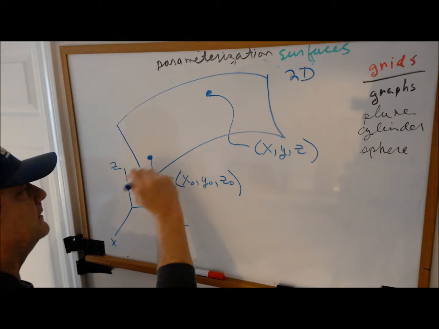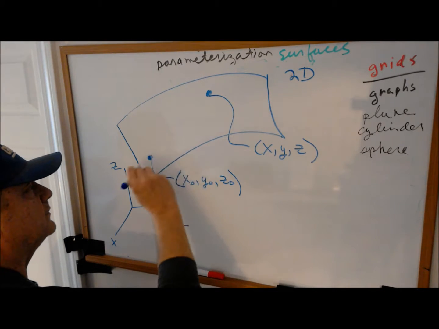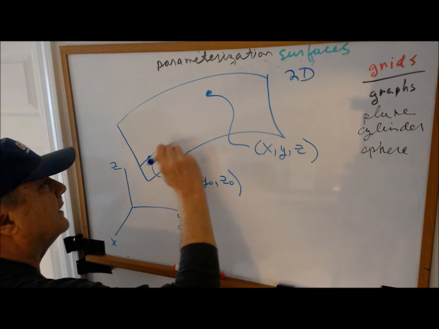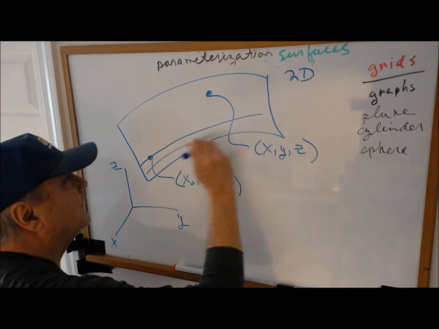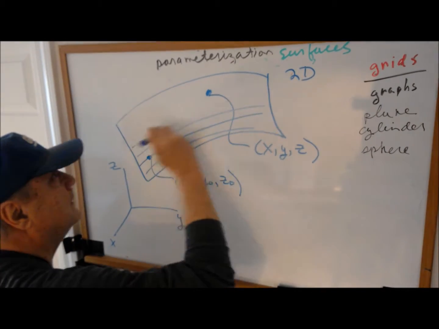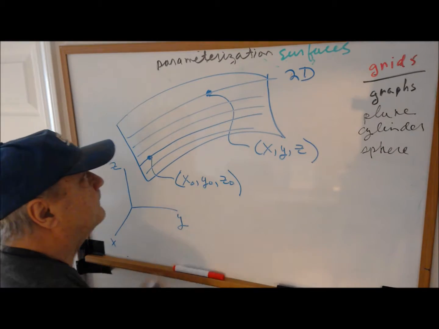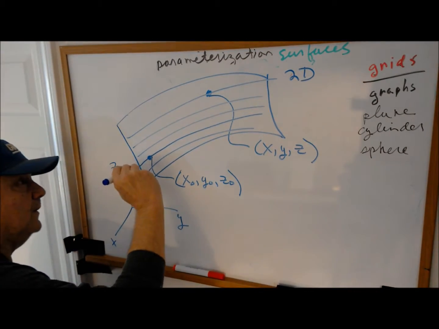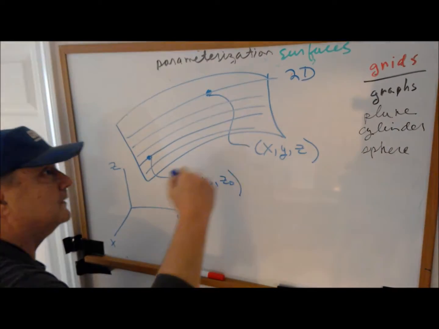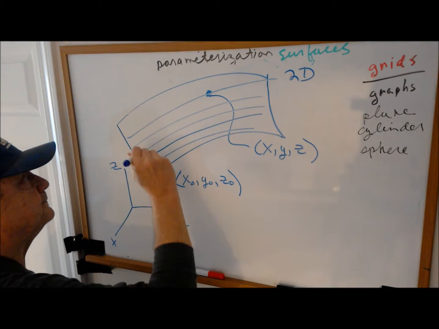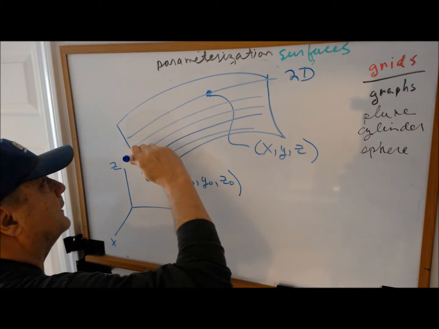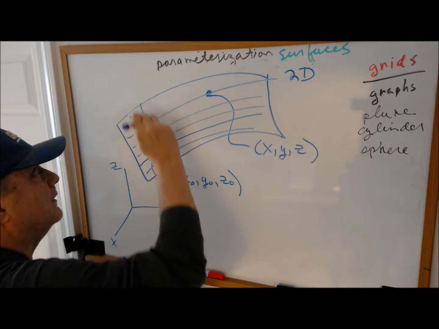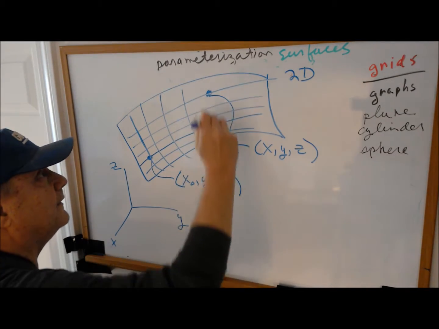So the idea is, if you start here and draw some lines, say grid lines, let's say they look like that. Well, that gets you along that direction, but we now need a second direction. So say we have grid lines that look like that.